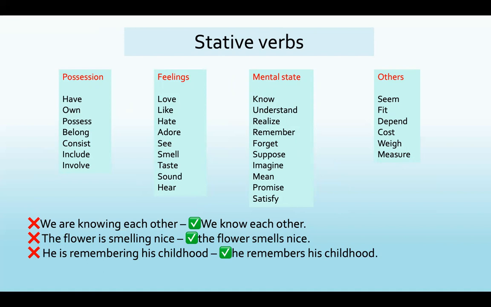So instead of saying we are knowing each other, we should say we know each other. And instead of saying the flower is smelling nice, we should say the flower smells nice. And instead of saying he's remembering his childhood, we simply say he remembers his childhood.